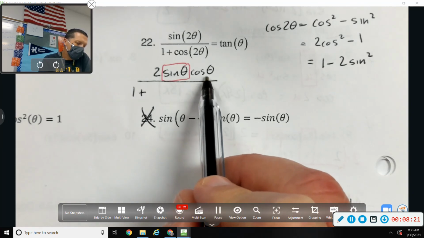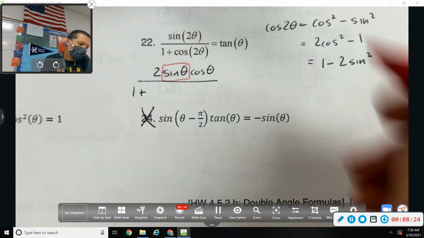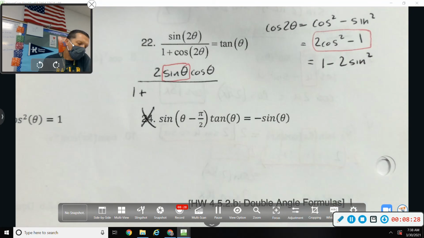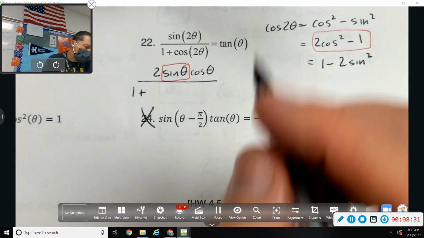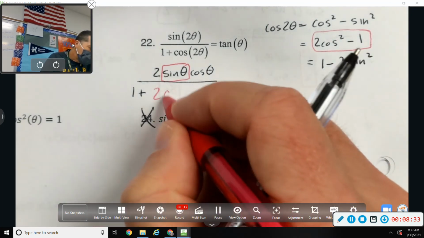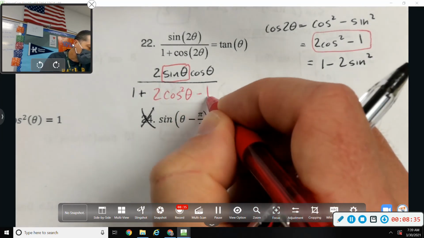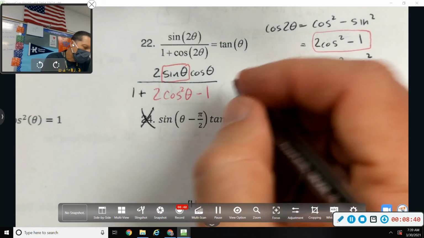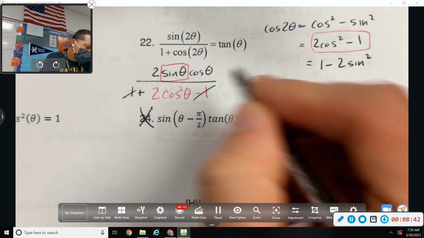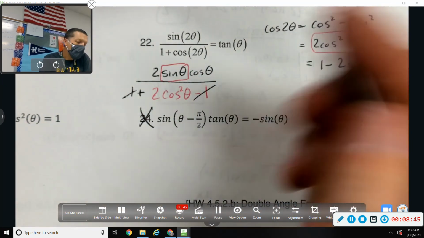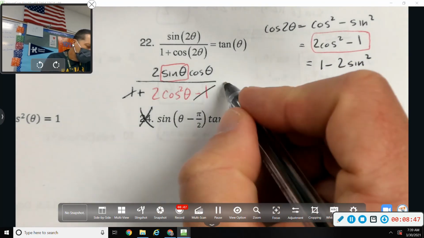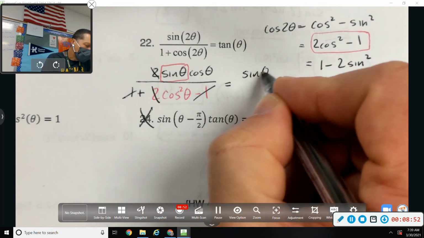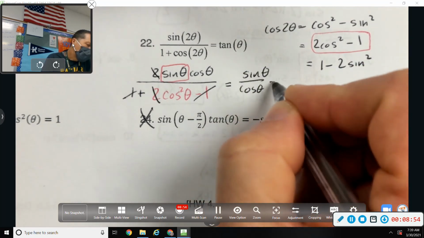So maybe if we use this one, then the 1 minus 1, I think that's going to work. 2 cosine squared theta minus 1. So the minus 1's cancel, or the 1 minus 1 cancels. Cosine over cosine squared, well, the 2's cancel. And that leaves us with sine over cosine, which is tangent.